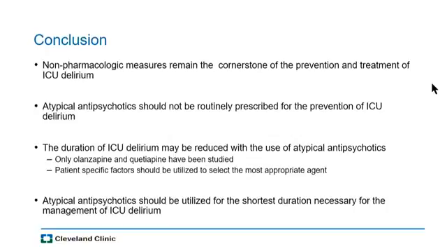There's not enough data comparing any of the agents to each other, so use their receptor affinity and their risk for adverse effects to determine which agent may be best for your patient. And also be cognizant of cautious use of these agents, making sure that we're only using them for the duration that's actually clinically indicated for our patients, and being cautious not to continue these agents at ICU discharge or hospital discharge.